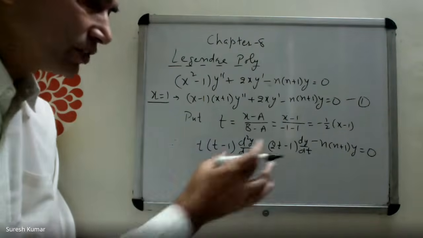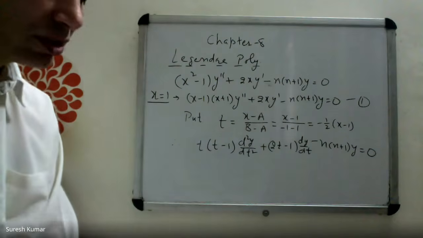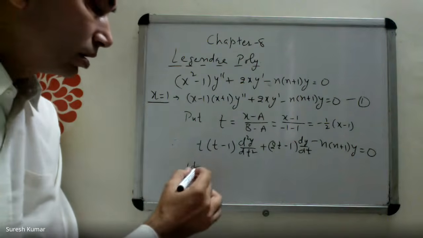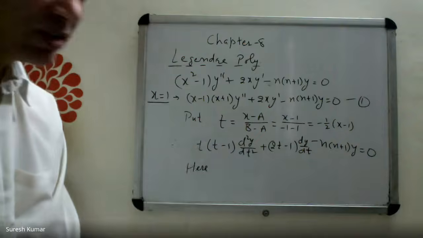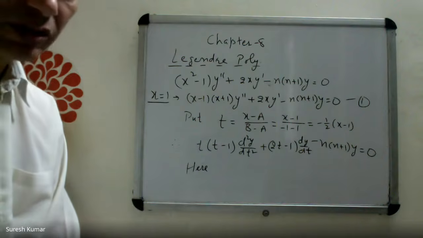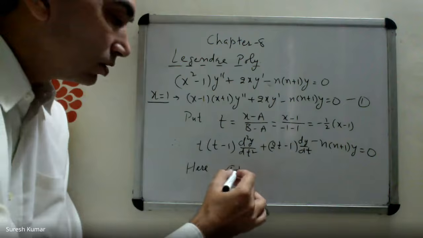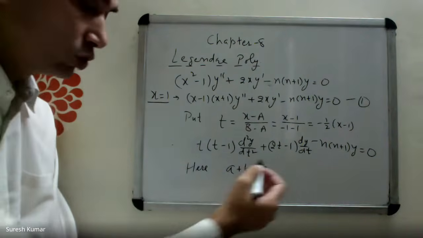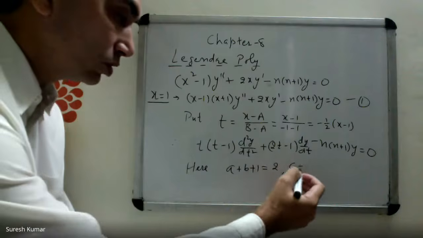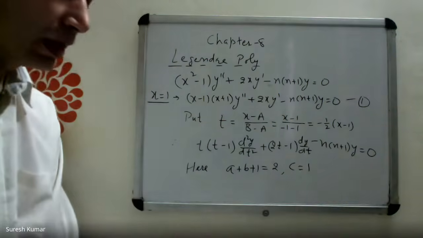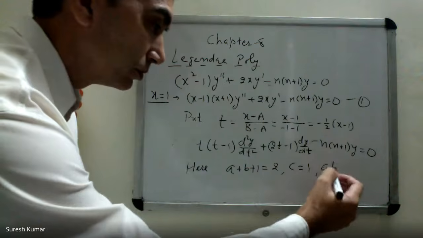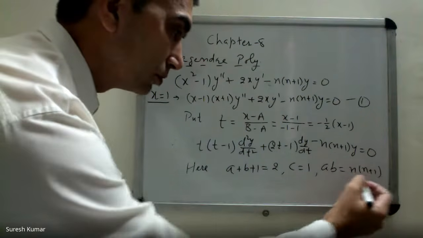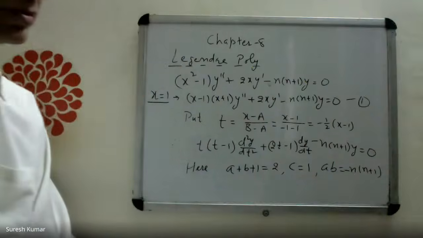It is hypergeometric. This differential equation is hypergeometric. If you compare it with the general hypergeometric differential equation, you get a plus b plus 1 equal to 2, c equal to 1, and ab equal to minus n into (n plus 1).